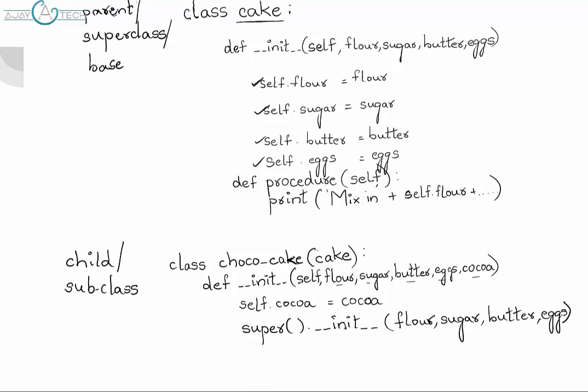So by inheriting the attributes from the parent class, a lot of duplicate code has been avoided in the child class, and inheritance enables us to define a child class that takes all the functionality from a parent class and also allows us to add more. So let's see some examples in the Jupyter notebook.